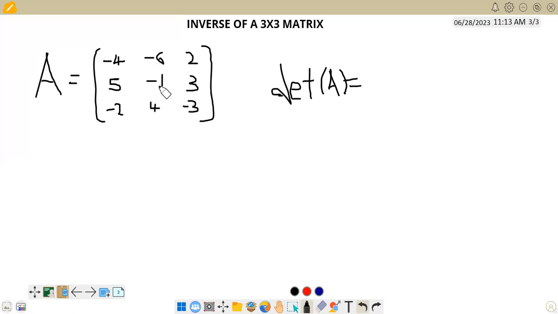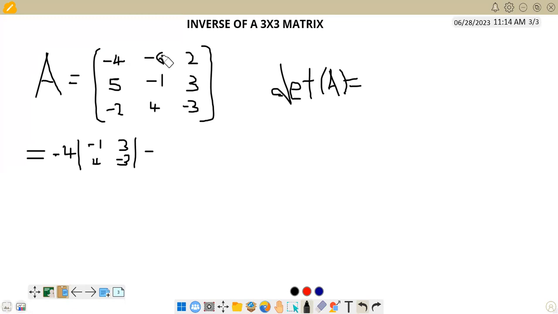Then the determinant of this multiplied by negative 4. So it will be negative 4, multiplied by, we have negative 1, we have 3, we have 4, then we have negative 3. Then minus, then we are going to this one.